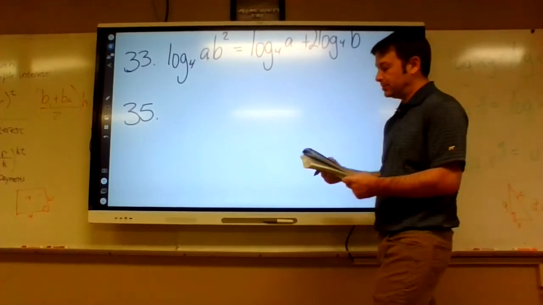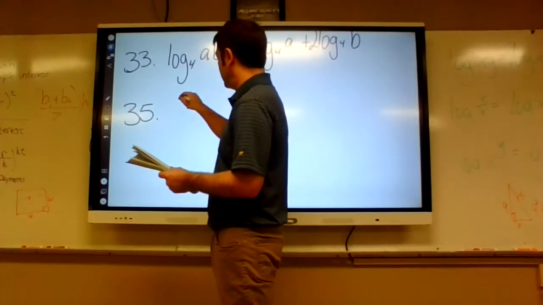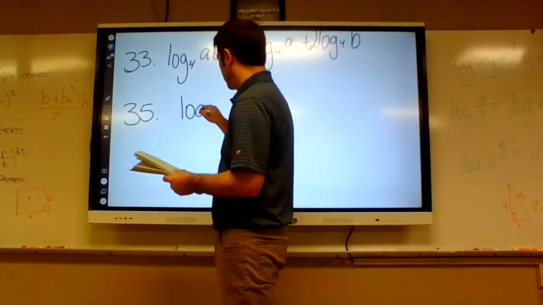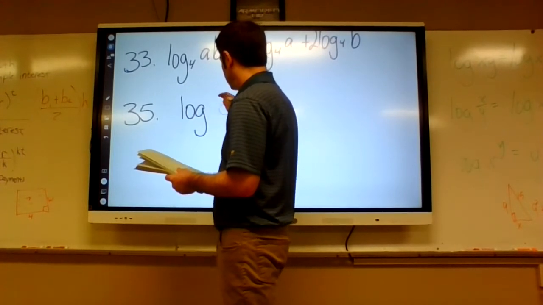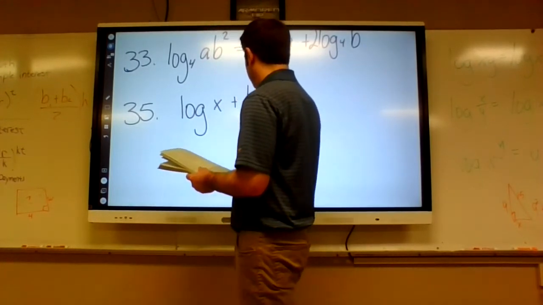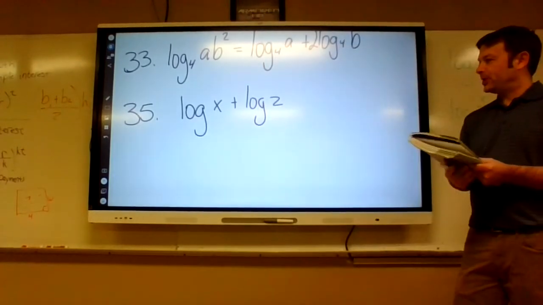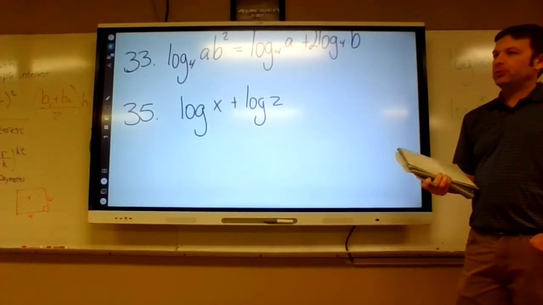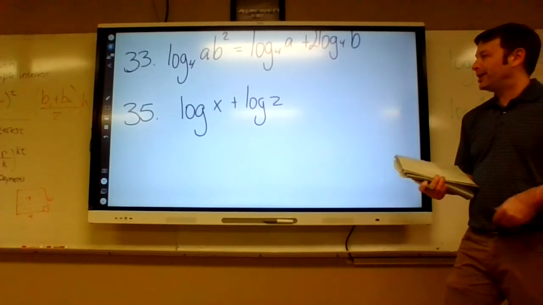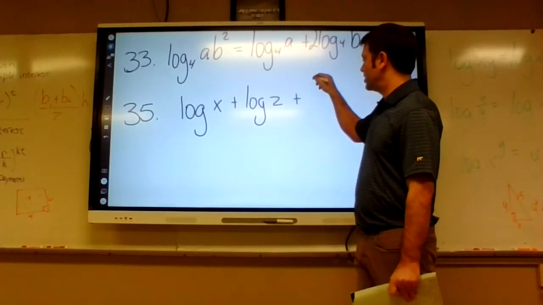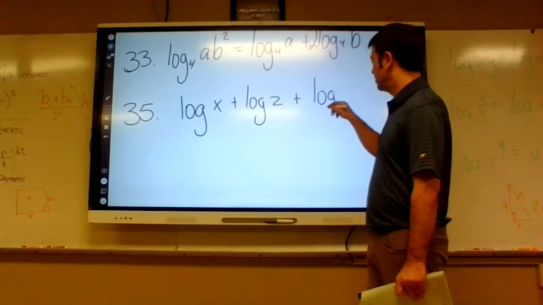All right, 35. Okay, so x and z are multiplied together, right? So I'm going to do log of x plus log of z. And then the y is multiplied also, so we're going to add the y, but square root of y is the same thing as y to the what power? 1/2.